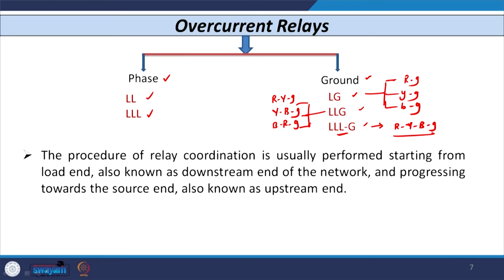In the same way, on the other side, if I consider phase overcurrent relays, then for double line fault we have either an RY fault, a YB fault or a BR fault. There are three different faults, and when we consider triple line fault, we have the RYB fault. So the overcurrent relay, either phase or ground, has to detect phase fault or ground fault.